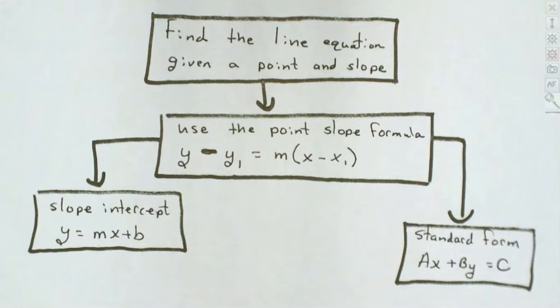And we're going to use what's called our point-slope formula first. And then the question will say either write it in slope-intercept form or in standard form. So I'll give you a few minutes here to write that down. Make sure you have it written down, very important. And then we'll look at some examples using the point-slope formula.